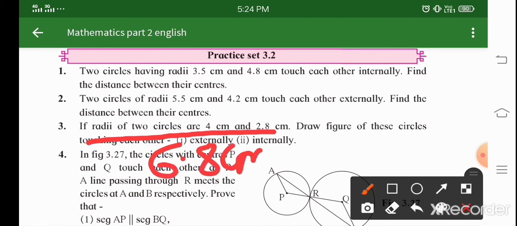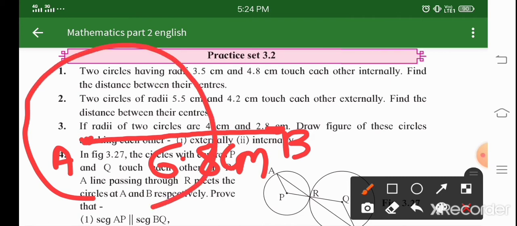Suppose this is point A and this is point B. From this point, with the help of your compass, take a 4 centimeter measurement and draw a circle. Keep one point over here and draw the circle. You will get a circle like this.